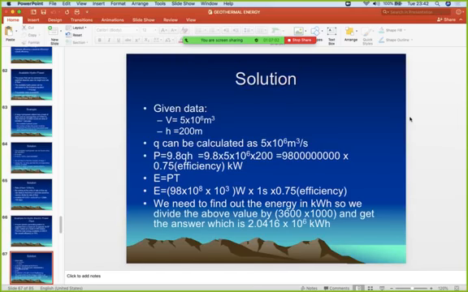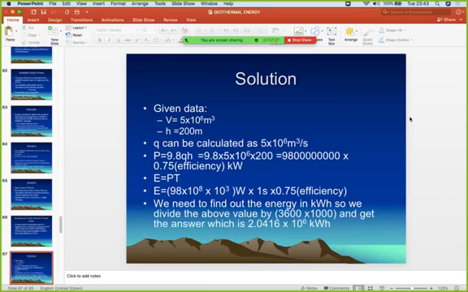So this is the solution: volume equals 5 times 10 to the 6 cubic meters. The head is 200 meters. Q can be calculated already, as 5 times 10 to the 6 cubic meters per second is given. So P equals 9.8 times Q times H. So power therefore is this one, no?